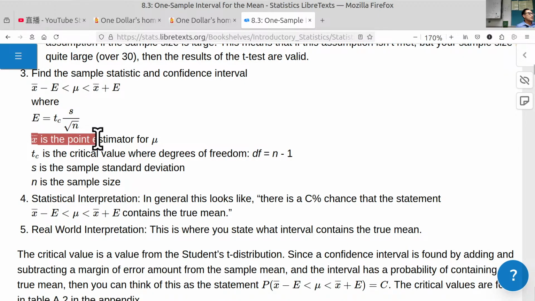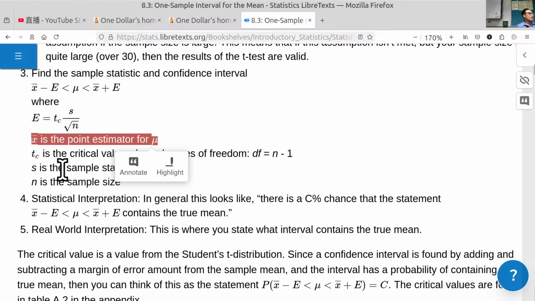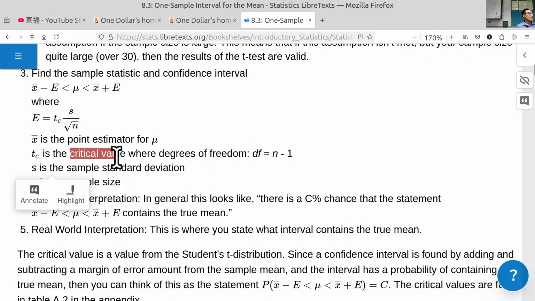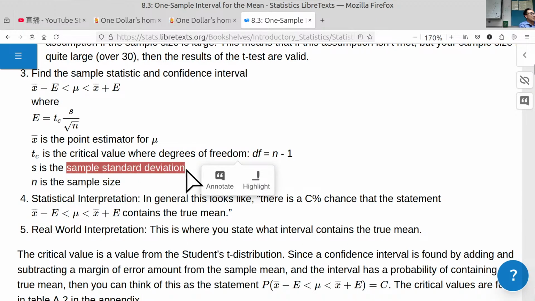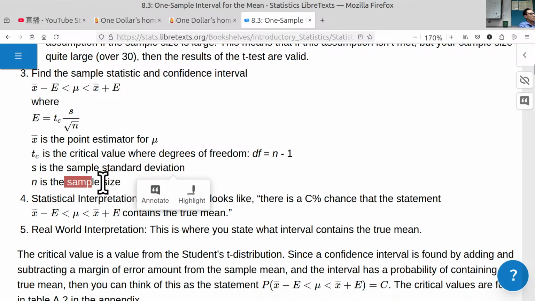X bar is the point estimator for mu. t_c is the critical value with the degrees of freedom, s is the sample standard deviation, and n is the sample size.